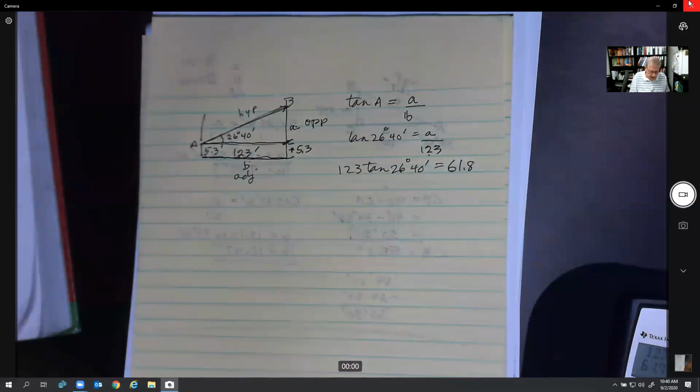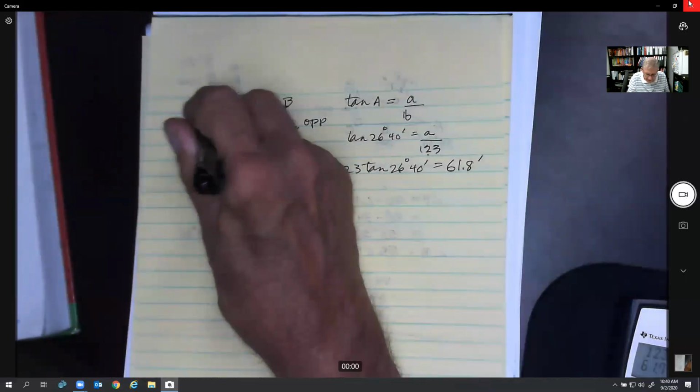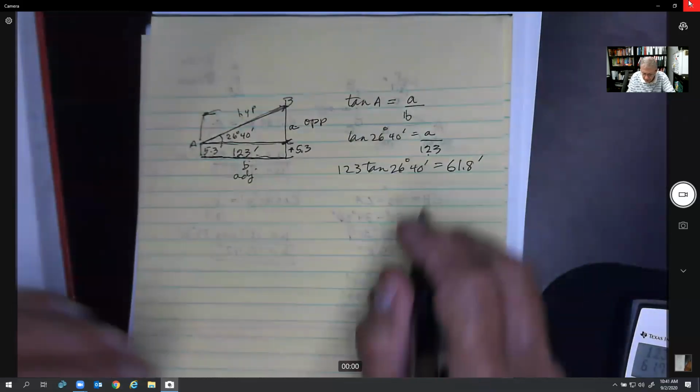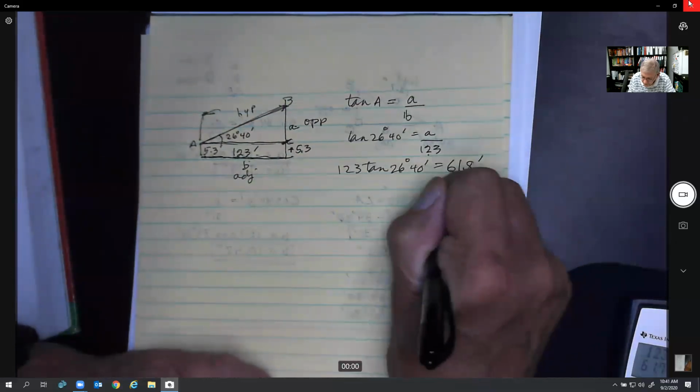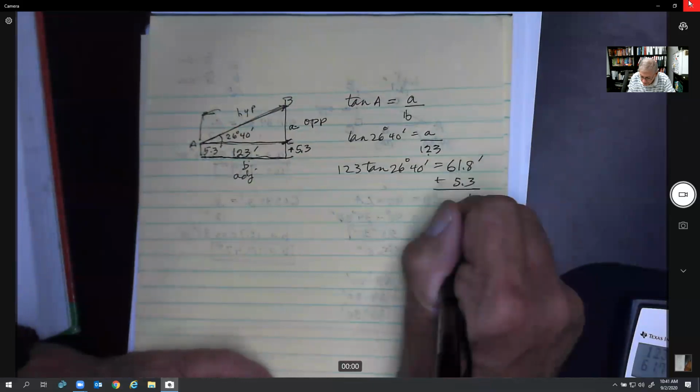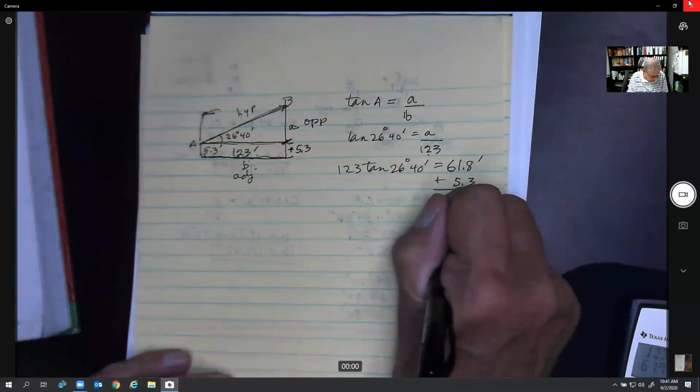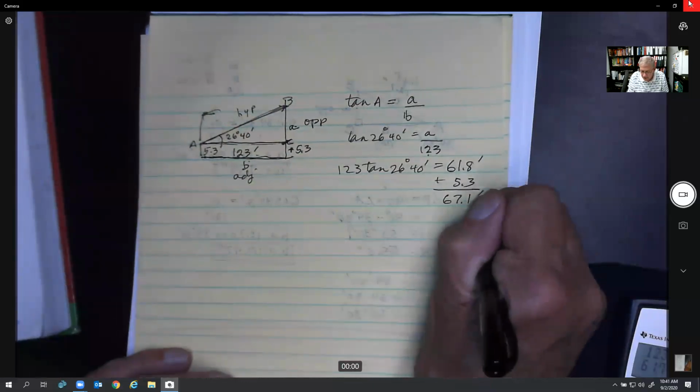There's the height of the flagpole. Let's put feet. And then they added on the extra because it was from her eyes above the ground. So she would actually be looking up here. So we had to add the 5.3 to it. So that'd be 11. I could use my calculator, but I'm not going to. 67.1 feet.